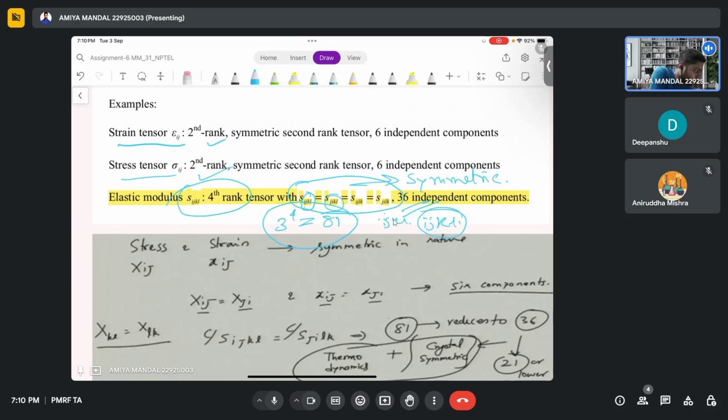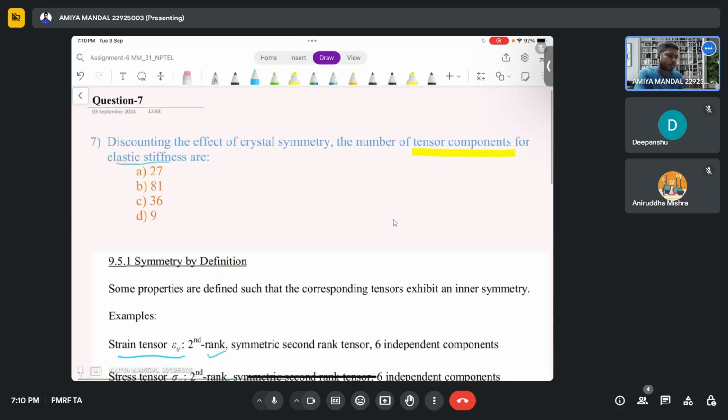They will rotate clockwise to each other: J, K, L, I, then I, J, L, K. So clockwise they will rotate and reduce the total number of components.